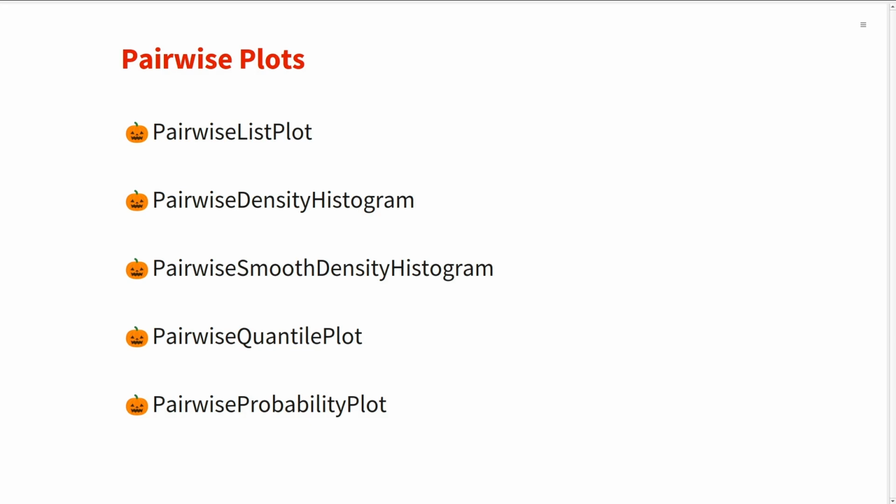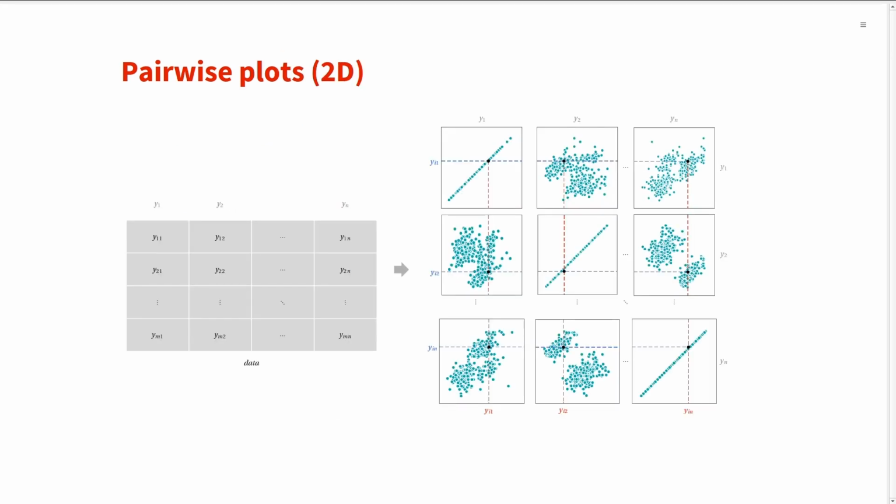These plots combine some of the techniques we have seen so far to create n by n arrays of plots that give us insights into high-dimensional data. So if we go back to our tabular data, here is an illustration of the transformation of data into pairwise list plot. We take the columns of the data and plot every column against every other column.